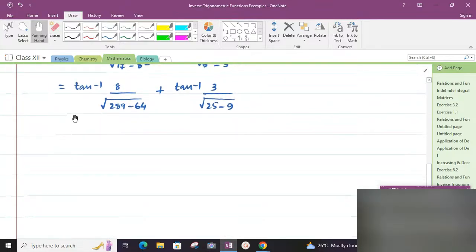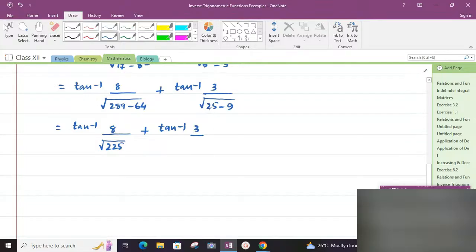So equal to tan inverse 8 by the square root of 225, plus tan inverse 3 by the square root of 16.